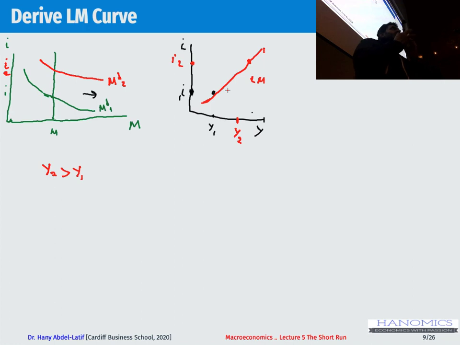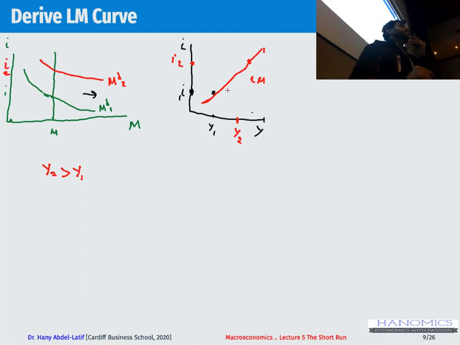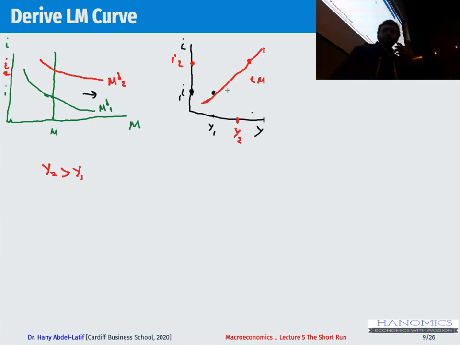We have an upward sloping curve till now, and I'll tell you why we might look at this in a different way. But the same way as with the IS model, you need to think about why this curve would shift to the right, or why it would shift to the left.